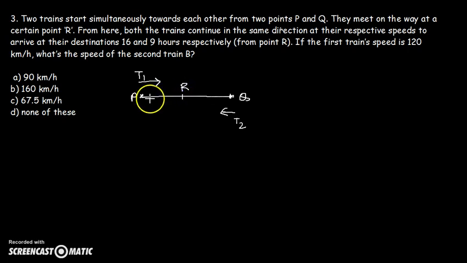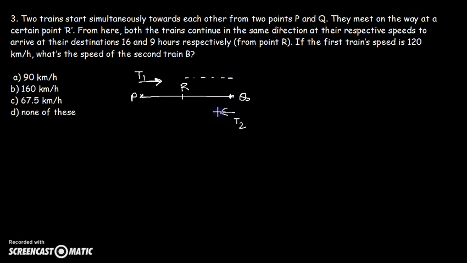R necessarily is not a midpoint, it is a point on the way to their respective destinations. It is said that after meeting at point R, they continue to travel in the same direction. So if train T1 was traveling in this direction, it met train T2 at point R, it continued in the direction of Q and reached Q at some point of time.